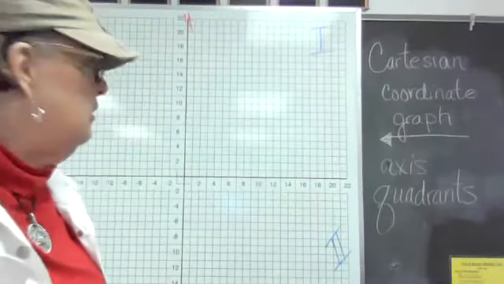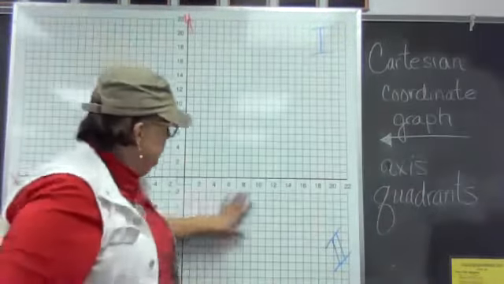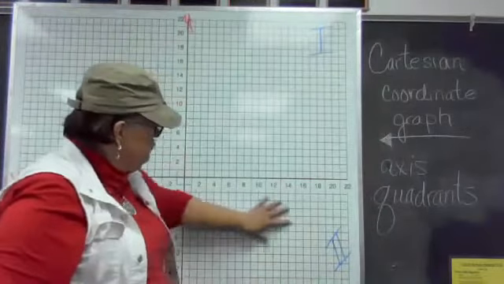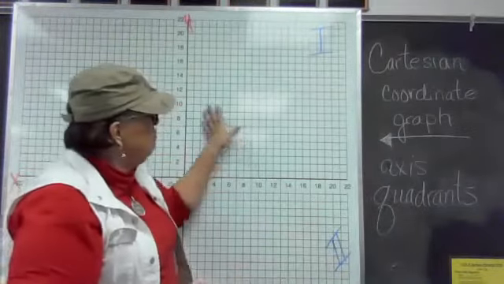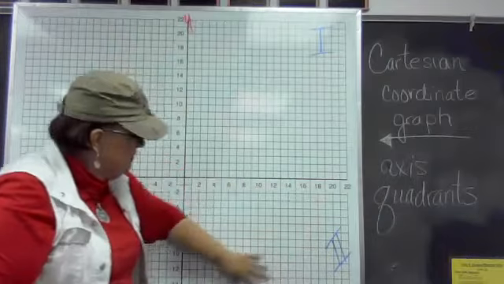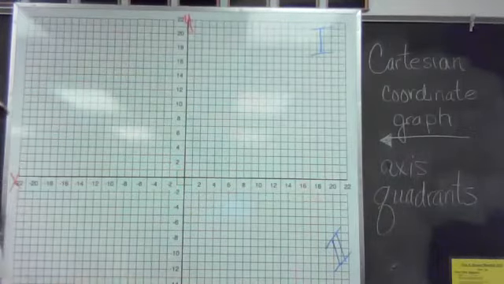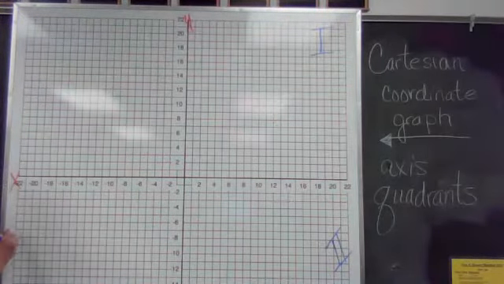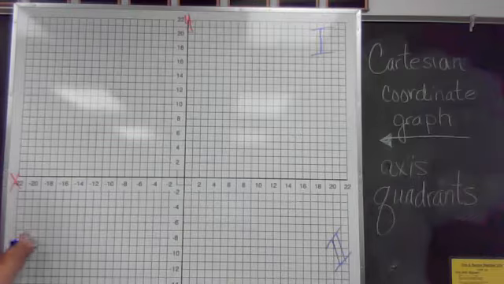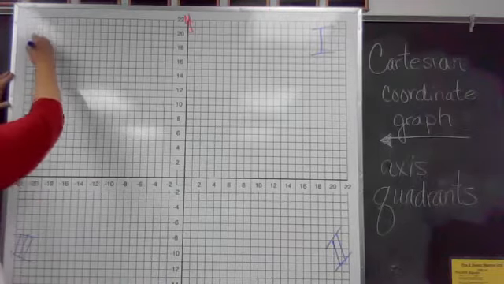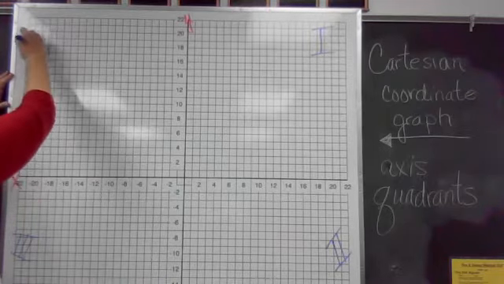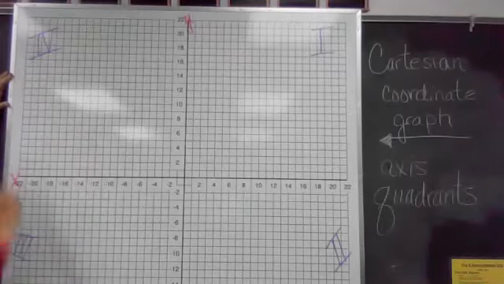All right. Okay, so this part down here is quadrant 2. And as we move around clockwise, this is quadrant 3. And lastly, this is quadrant 4. It's Roman numeral for 4.